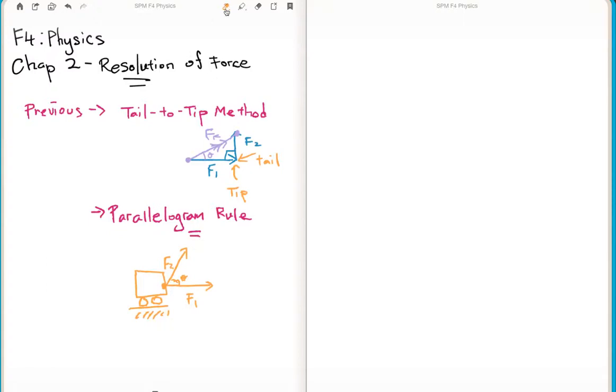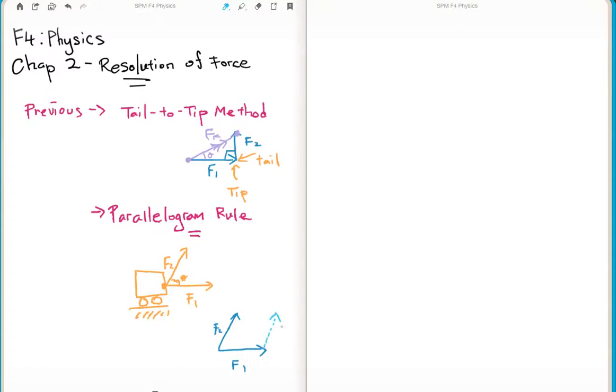First you need to transfer them into a diagram. If you have two forces, one going up, F2, another force going to the right, F1. Now what you need to do is copy this force and this force, and transfer it over here, so that you get the tail to tip rule.